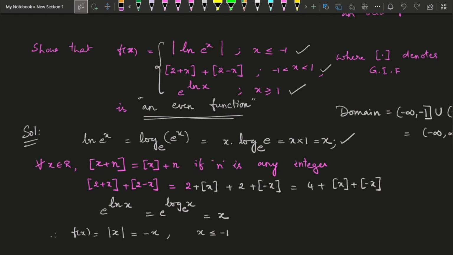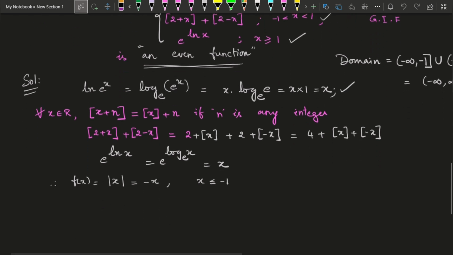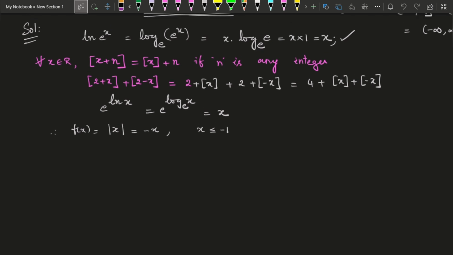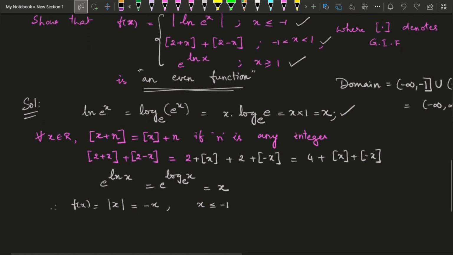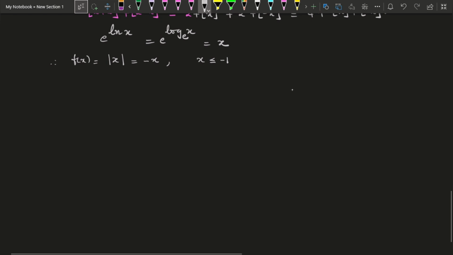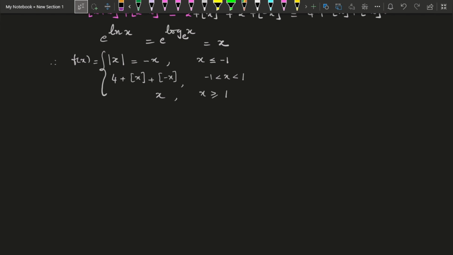Hence mod x can be written as minus x. What about the second function? Its simplified function is 4 plus integral part of x plus integral part of minus x for minus 1 less than x less than 1. Similarly, the third function is obviously x for x greater than or equal to 1. This is f of x.